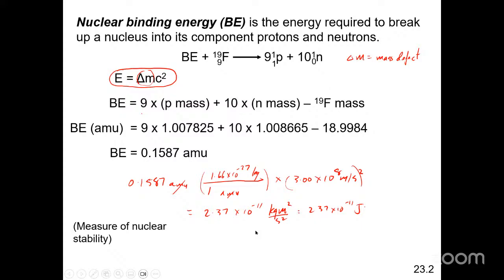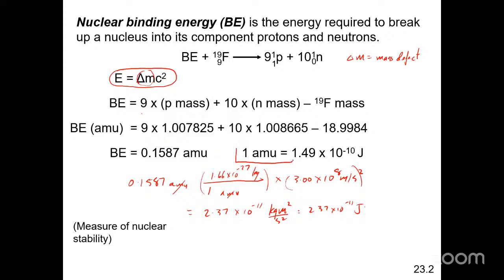And the binding energy is a bit of a measure of the stability of the nucleus. All right, now, I went through a longer route just to explain how we get from AMU to joules. But what you can do is use this relationship here.